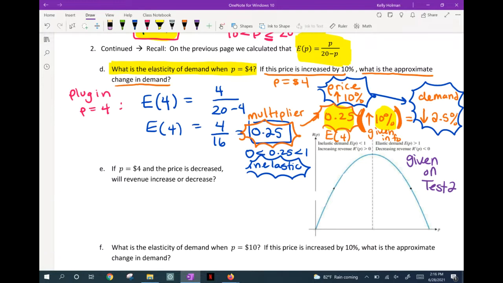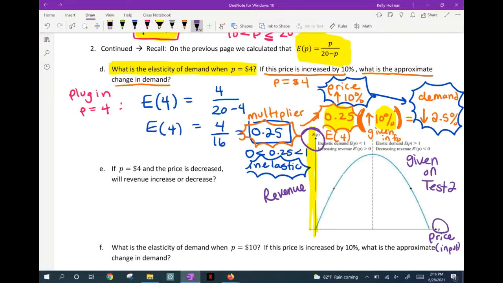Okay, so this diagram is just a way to organize information to think about revenue. So when I look at this diagram, I see I have price on my x-axis. This is price. That's my input, right? Input goes on the x. And then my y-axis, right here, I'm calculating my revenue. So revenue is on the y-axis.